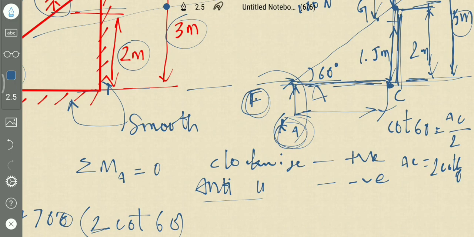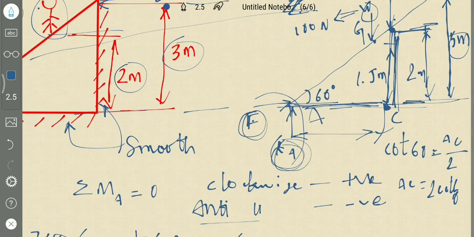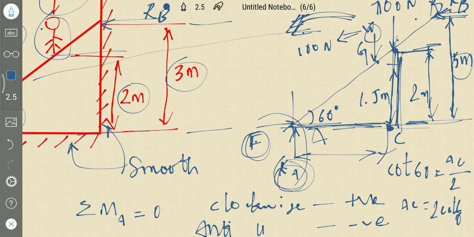And another force is weight. Weight is 100 newtons into the distance between this point and this point, which will be 1.5 cot 60. Same as this, the calculation of this distance should be carried out.